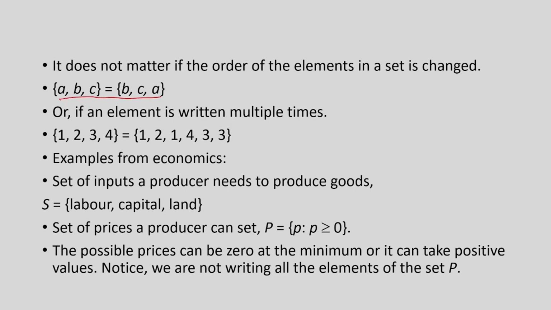On the left hand side I have written the elements as A, B and then C, and on the right hand side I have written a set where the order has changed. I have written B first and C next and A in the third place, but the point is that it does not really matter if I just change the order, as long as the elements are the same in both the sets, then the sets are equal.